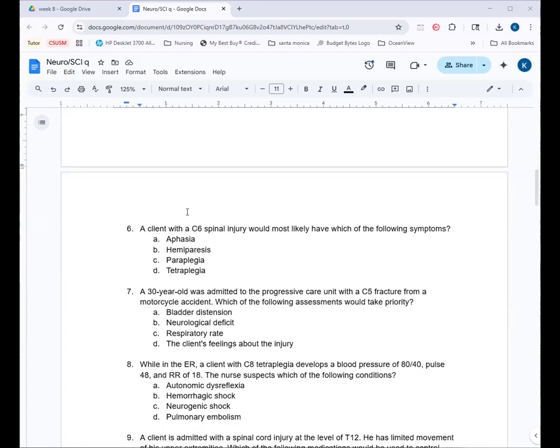All right. Number 6, a client with a C6 spinal injury would most likely have which of the following symptoms?